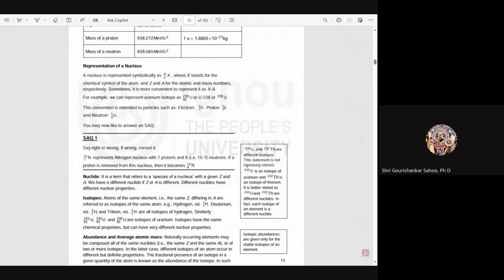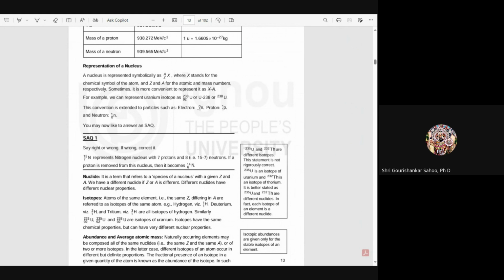So a nucleus is represented symbolically as X with superscript A and subscript Z on the left-hand side, where A stands for the mass number and Z stands for the atomic number, and X is the chemical symbol of the atom. So let us represent the uranium isotope.